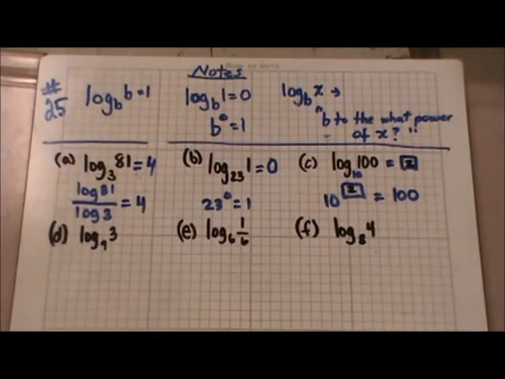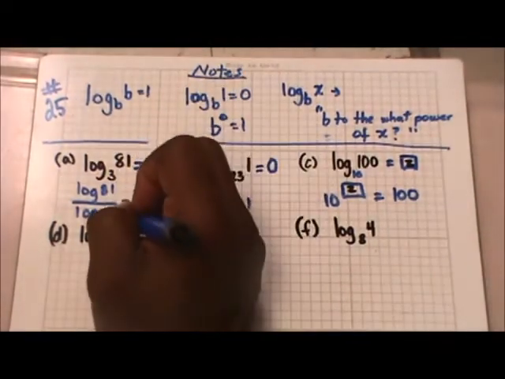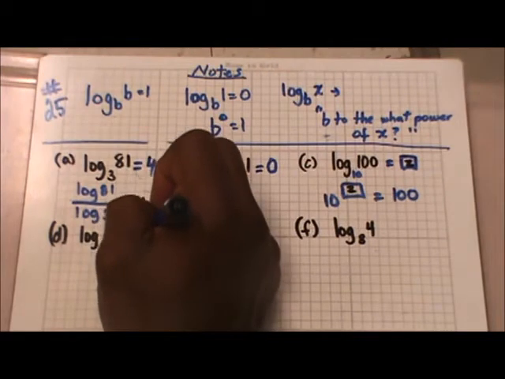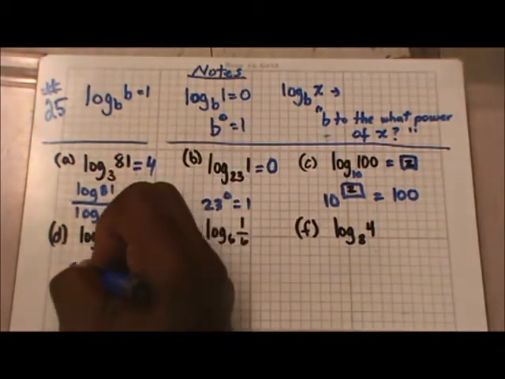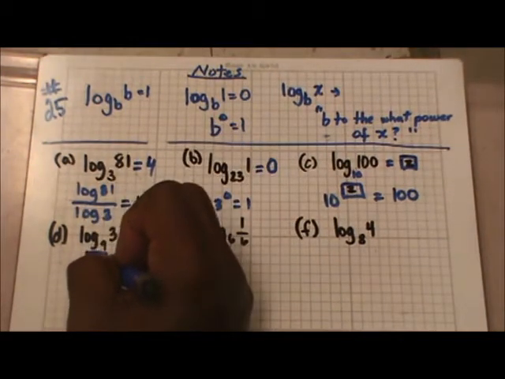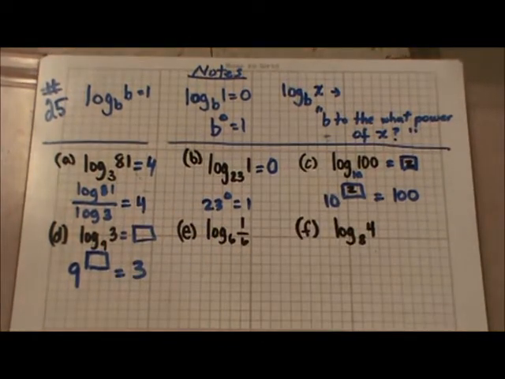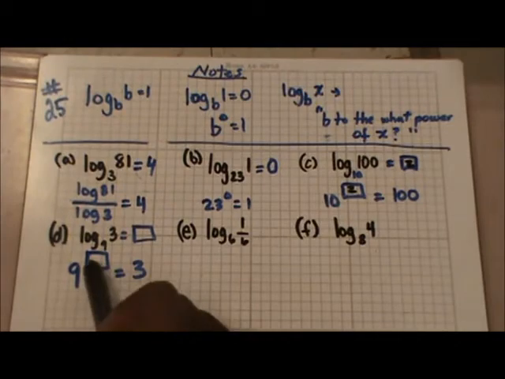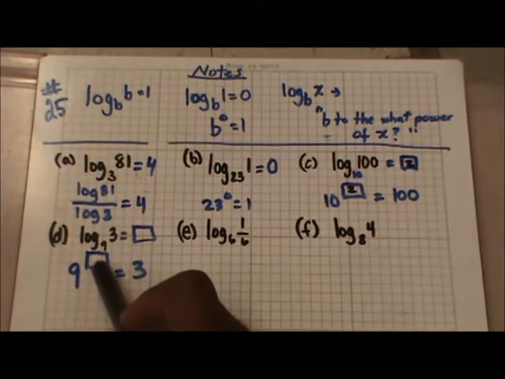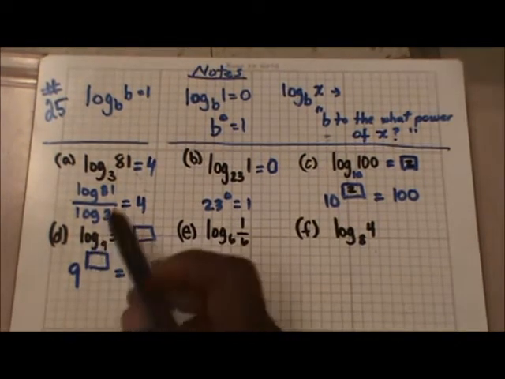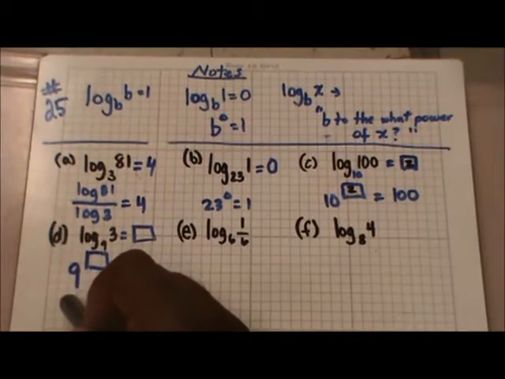All right, so we'll do these a little differently. We can put the box and we can say 9 to the something power is going to give us 3. In this case, that something is not going to be like half or a third because it's an exponent, but we can say the square root, right?